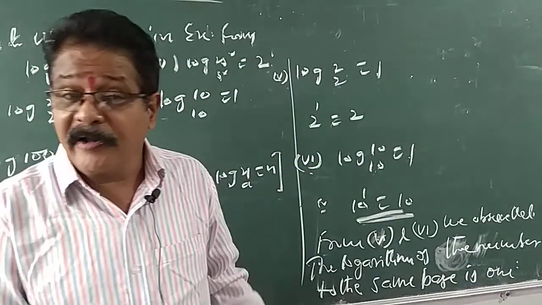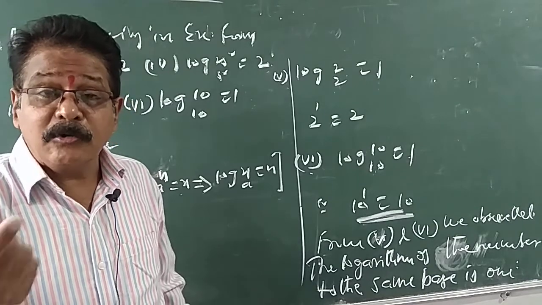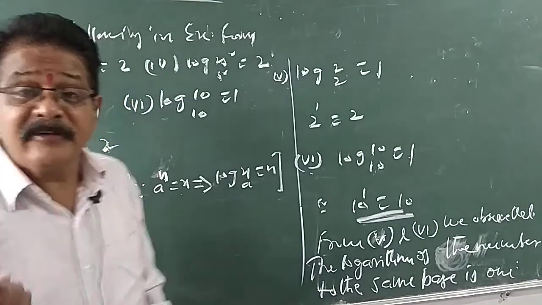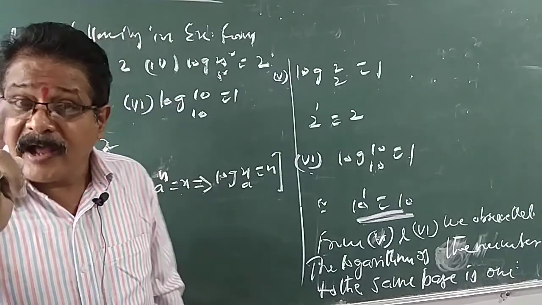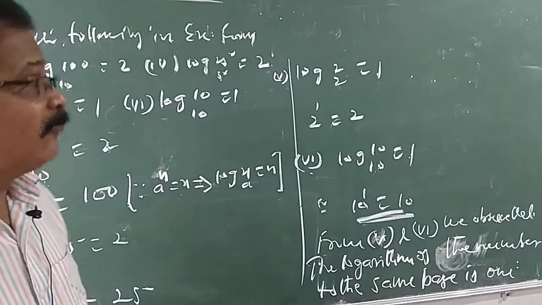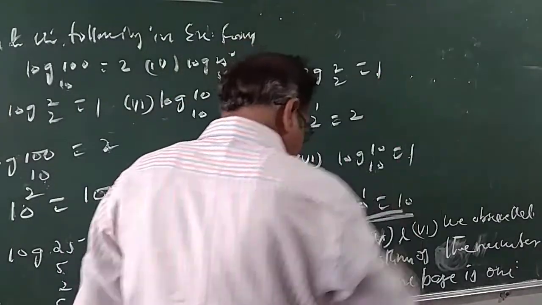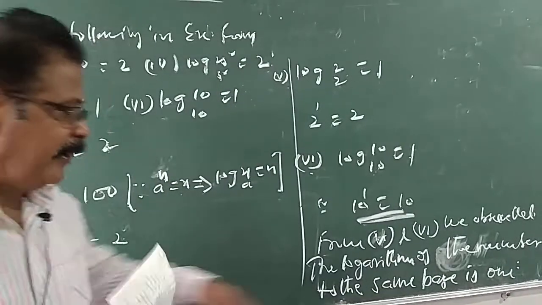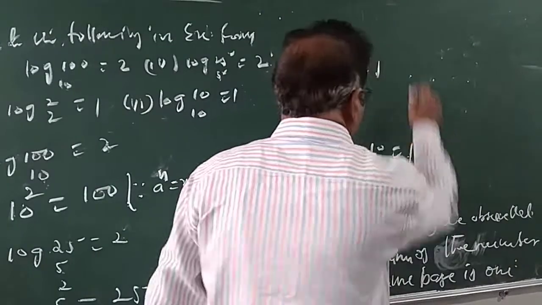Log A base A is 1, log B base B is 1, log C base C is 1, log 2 base 2 is 1, log 3 base 3 is 1, log 4 base 4 is 1, log 5 base 5 is 1, log 6 base 6 is 1. But A should not be equal to 1. So from this, we observe that the logarithm of the number to the same base is always 1. You note down this point.